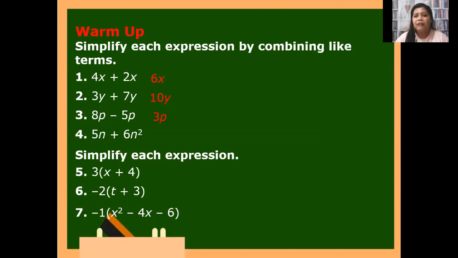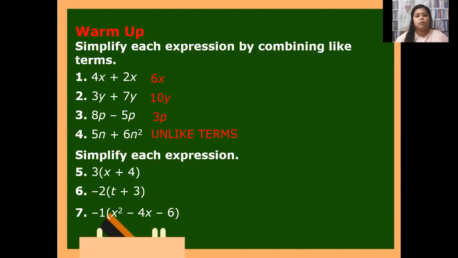Also we have example number 4, which is 5n plus 6n squared. The variable and the exponent of our terms are not the same, and therefore it's called unlike terms, and we cannot combine them. Please take note of that. We cannot combine unlike terms.